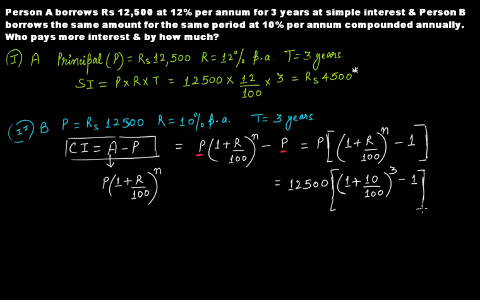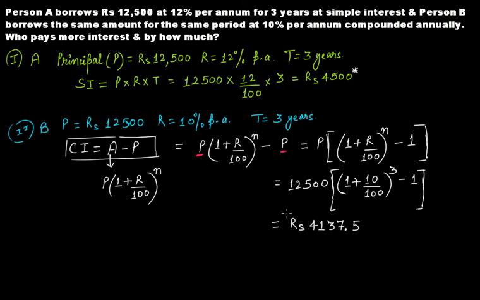If you solve it, you will get rupees 4,137.5. This is the interest that person B pays for this principal at this rate for 3 years.